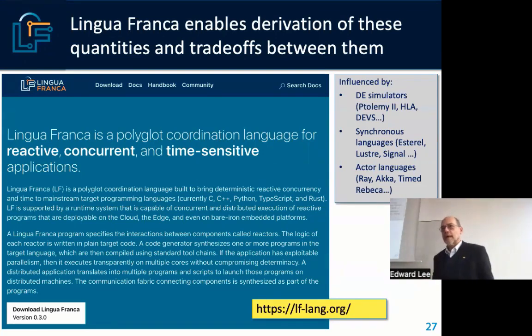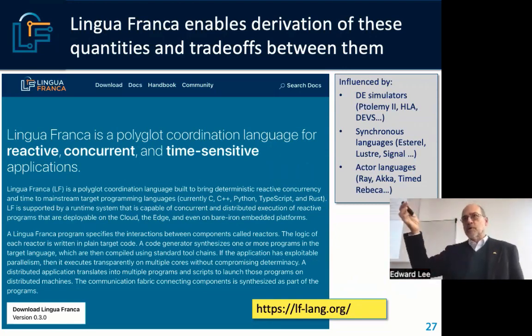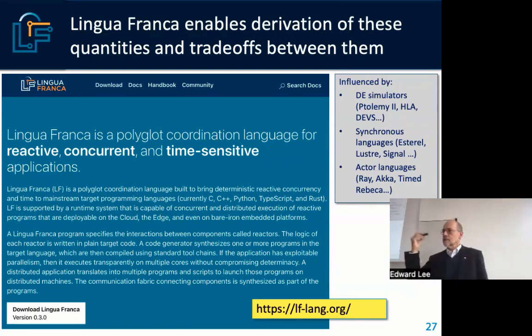It's a coordination language. But one of the features that it has, which was a little bit of a surprise to us, is that you can be very explicit about your availability and consistency requirements in this language. And moreover, you can derive from a program the CAL theorem formulation that relates these quantities. So for example, you can write a program with explicit consistency and availability requirements, and then derive the requirements on your networks from that.